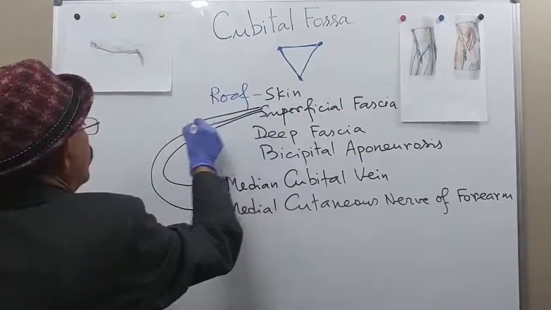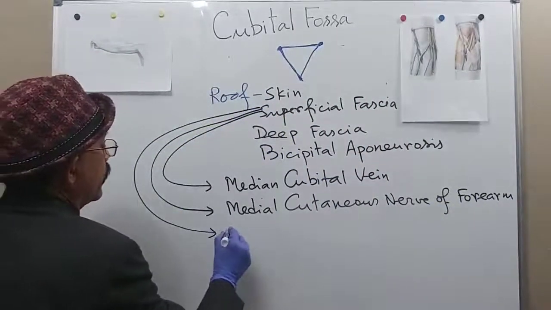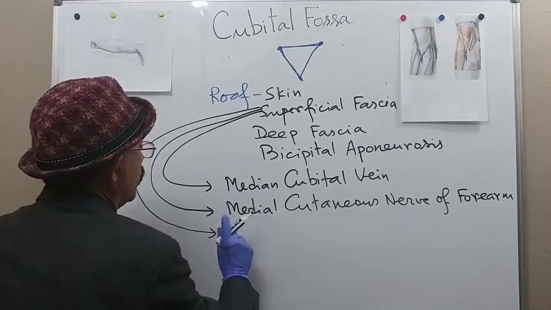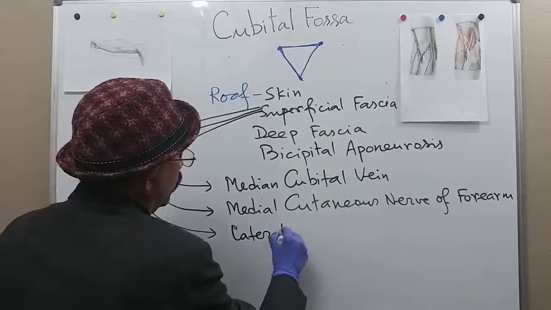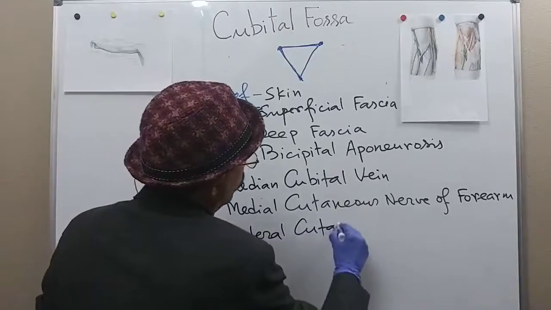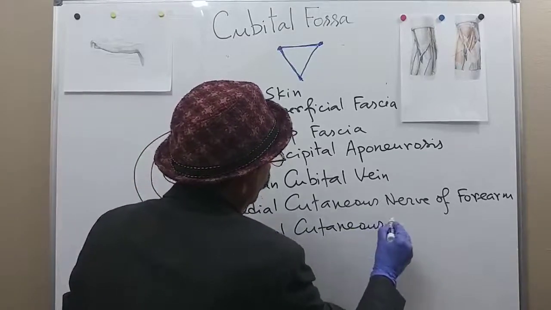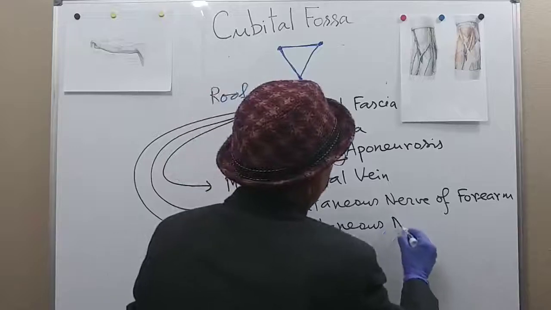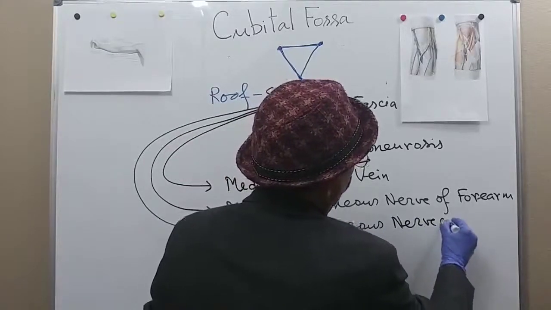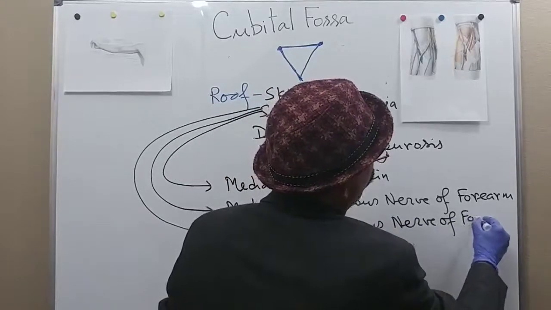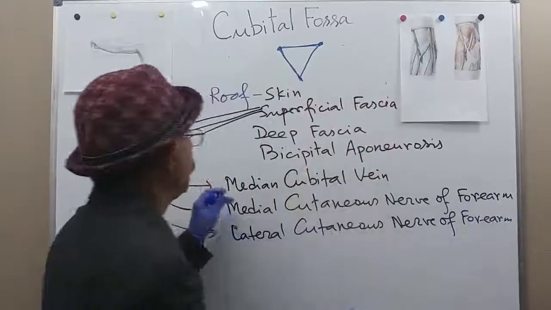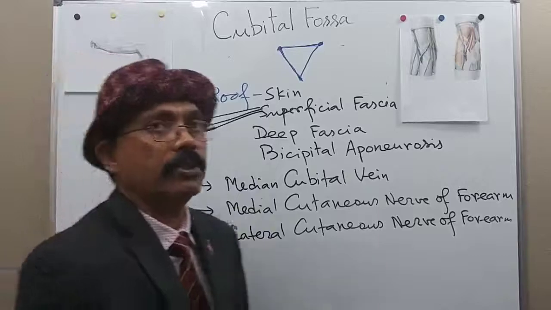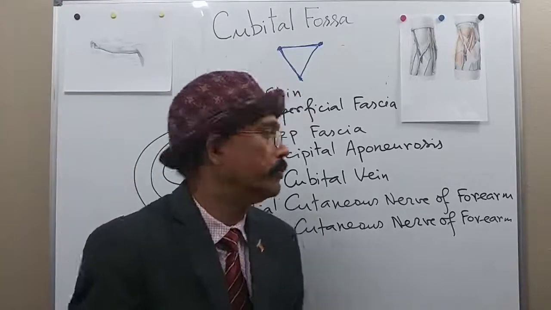We'll also get the lateral cutaneous nerve of the forearm. So these structures are present in the superficial fascia of the roof.